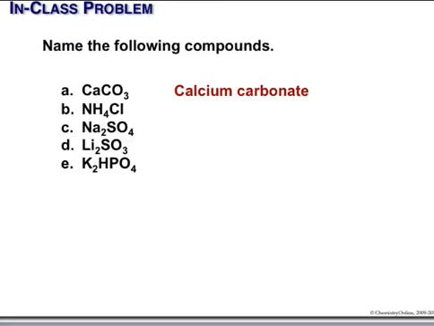That is, NH3 would be ammonia, so this is ammonium. Our anion here is chlorine, so it's going to be chloride. The charge on ammonium is +1. This is simply ammonium chloride.